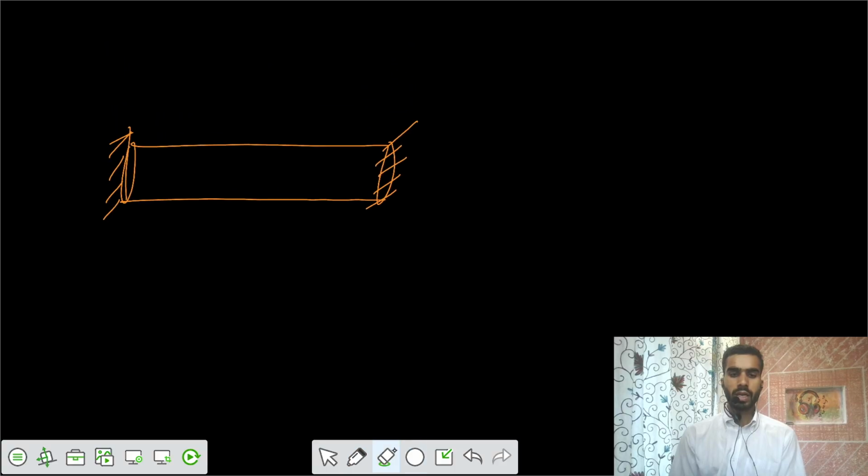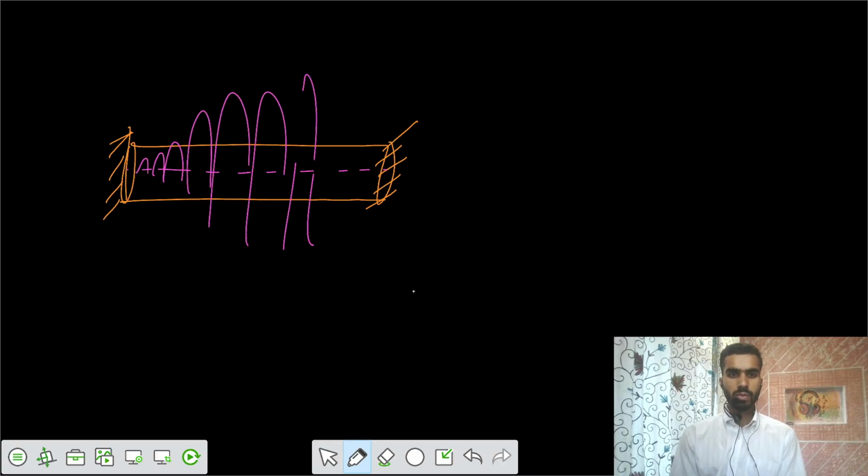Same loading, same value of torque, that's uniformly varying torque. Let's say this is your reference line. So this is your increasing uniformly varying torque, UVT.